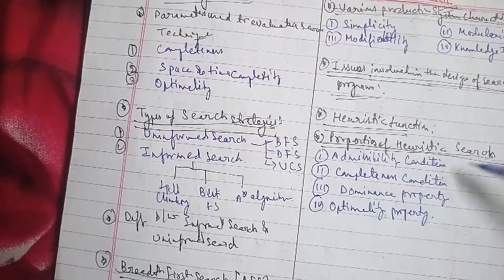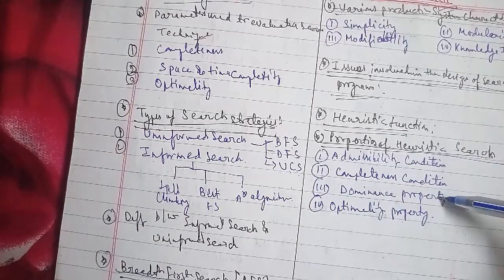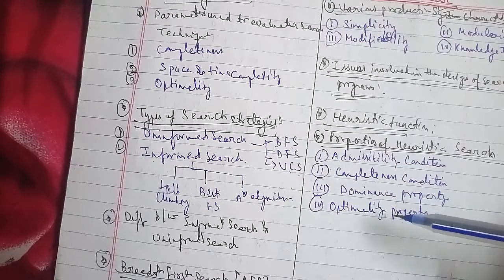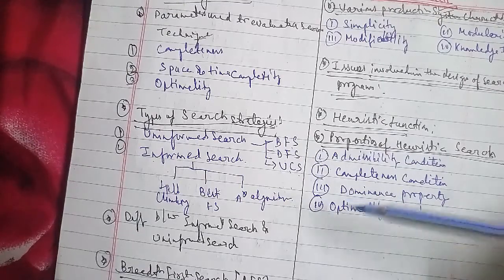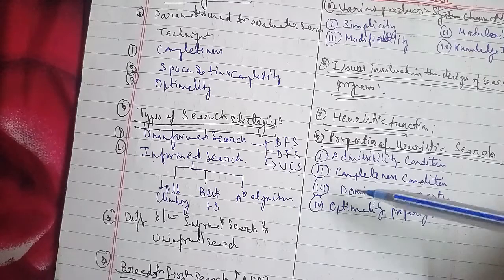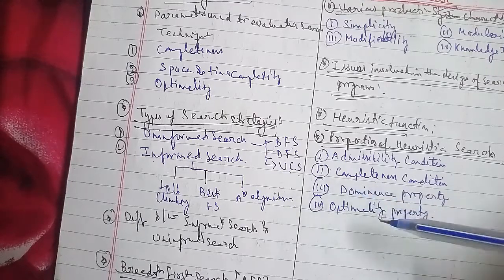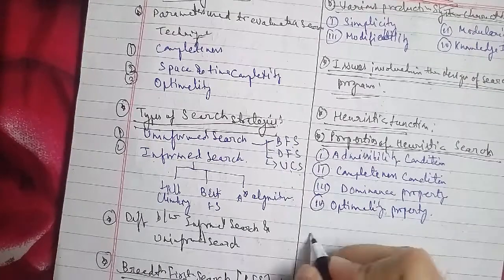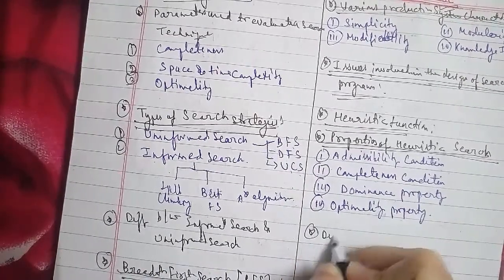In this we can explain at least more than five differences between both. So in the first, the blind search technique has access only to the problem definition, and the heuristic search strategies have access to the heuristic function.